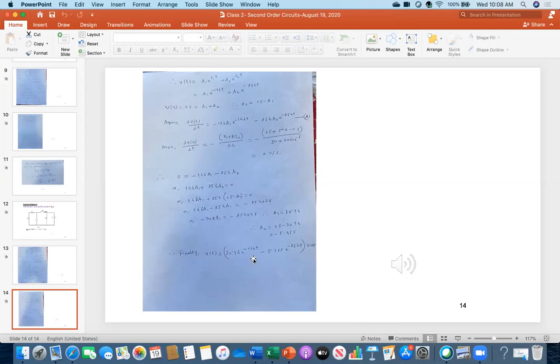This part is a bit complicated: you have to take dv by dt, apply the initial condition, and be careful in this part. As long as you do it with patience and attention, you are fully fine. Is there any question? Everybody, could you follow me? Yes.